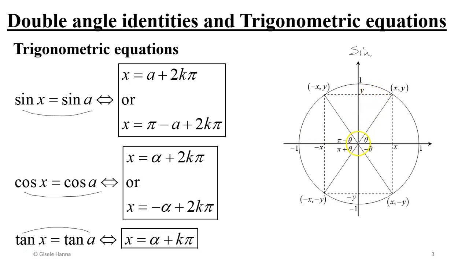So having the same sine means that the 2 angles are symmetrical with respect to the y-axis. So they're either equal, that's the first case, or they are symmetrical with respect to the y-axis.